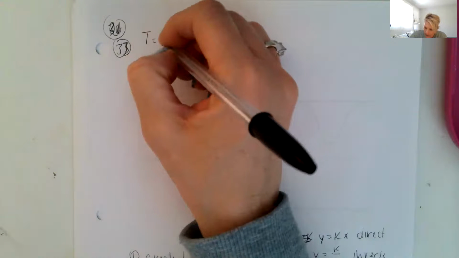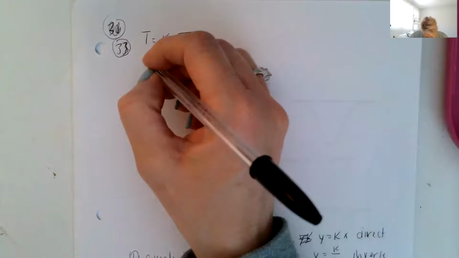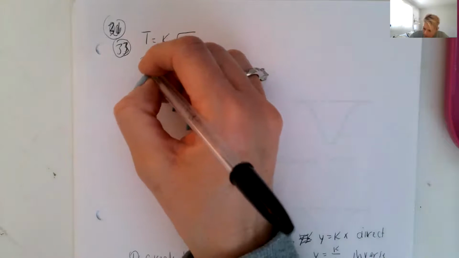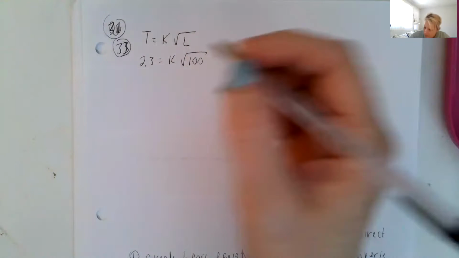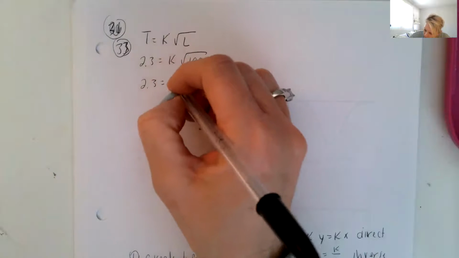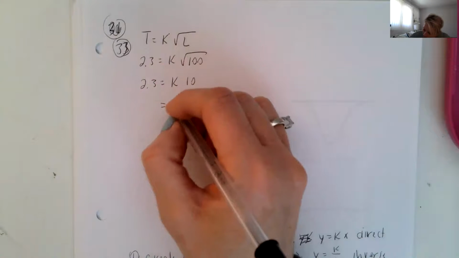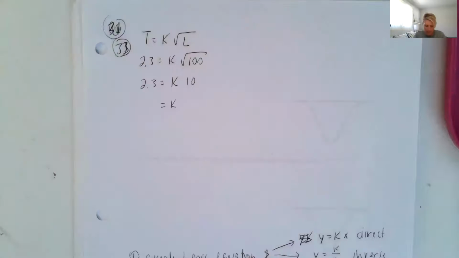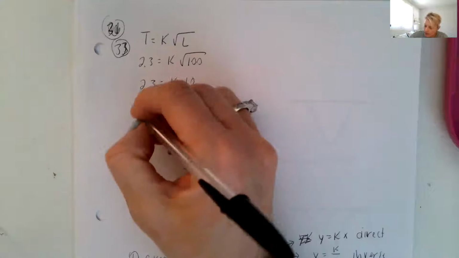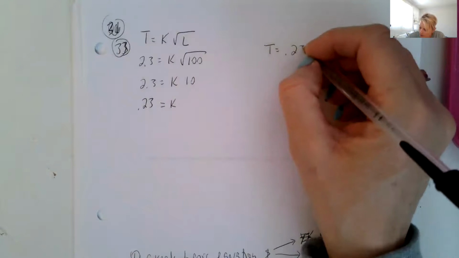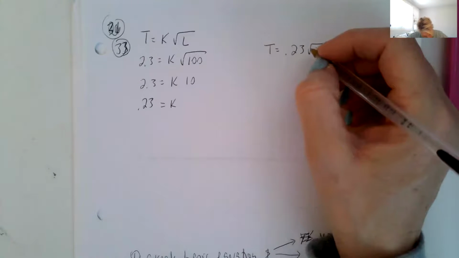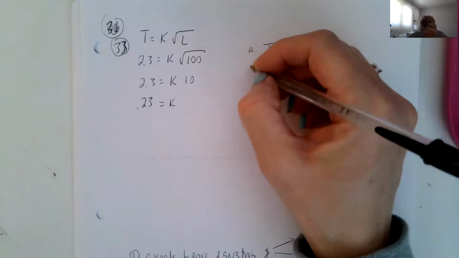So this is our basic equation. T equals K times the square root of L. And we know that the time was 2.3 seconds when the length is 100. So the square root of 100 is 10. If we divide both sides by 10, we get 0.23 is K. So T is really equal to 0.23 times the square root of L. So that's A. B is graphing.